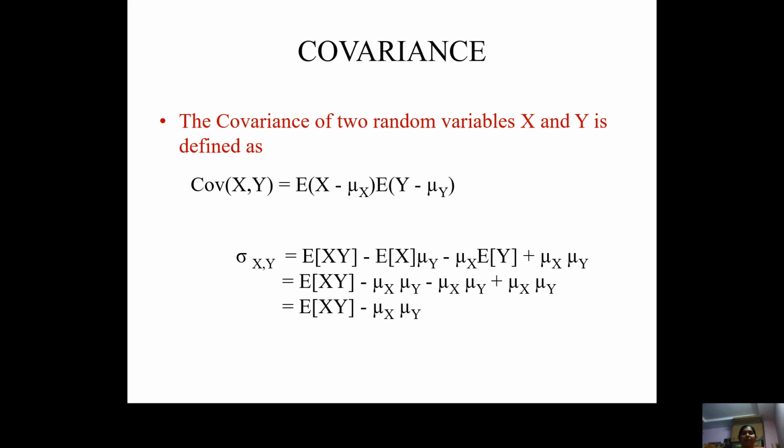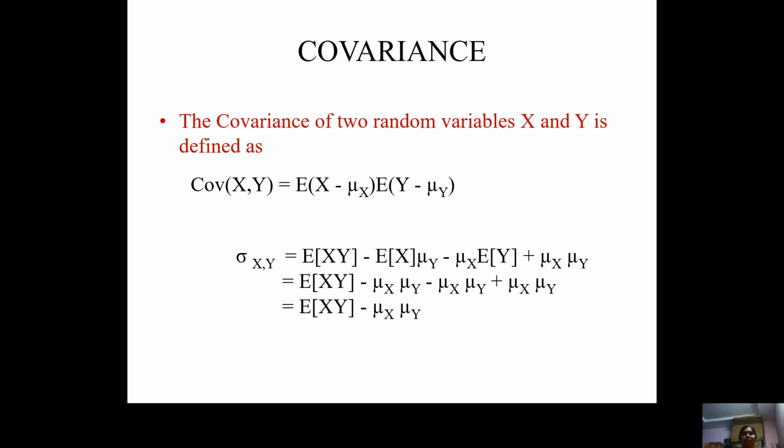Here we are multiplying these two values because they are jointly connected.